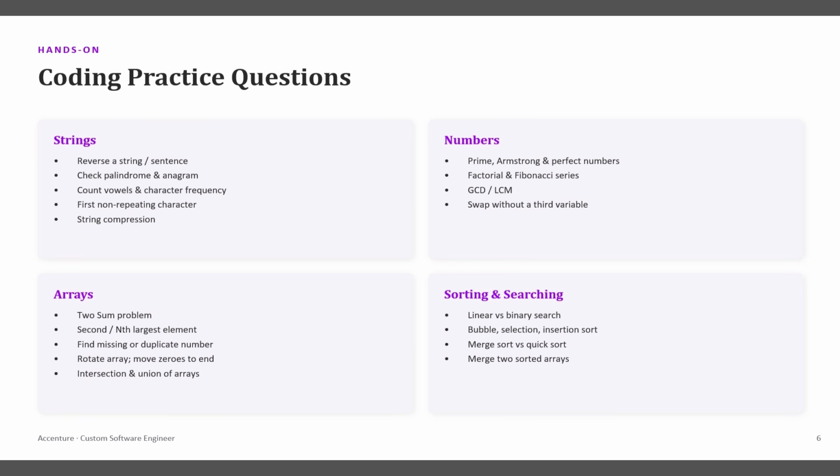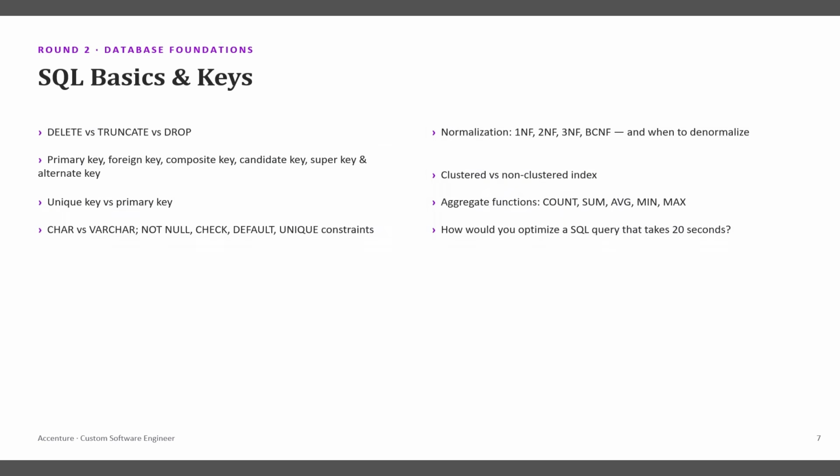And you should be able to code bubble sort, selection sort, insertion sort, merge sort, and quick sort from memory. At least explain the logic, even if you can't write perfect syntax under pressure. My advice here, don't just memorize solutions. Practice explaining your thought process out loud while you code, because that's exactly what the interviewer is evaluating.